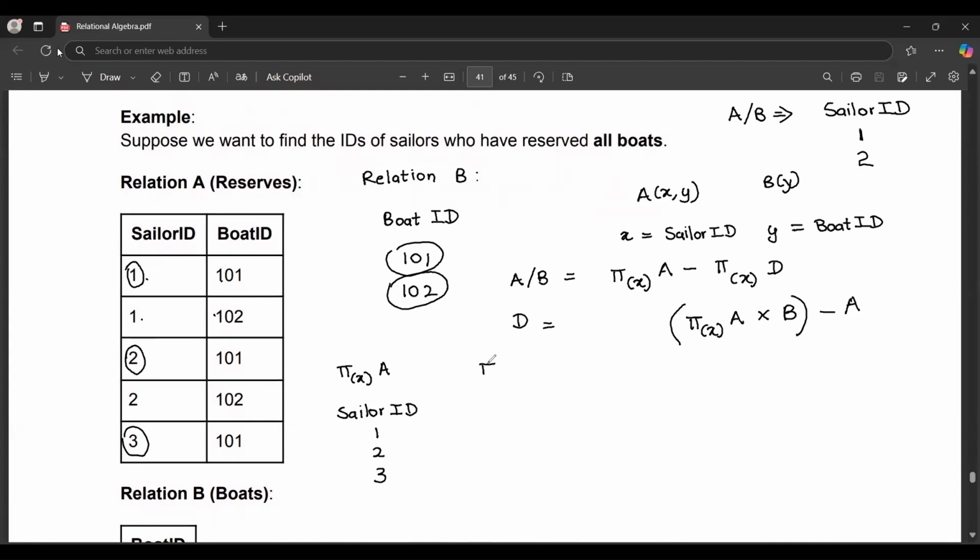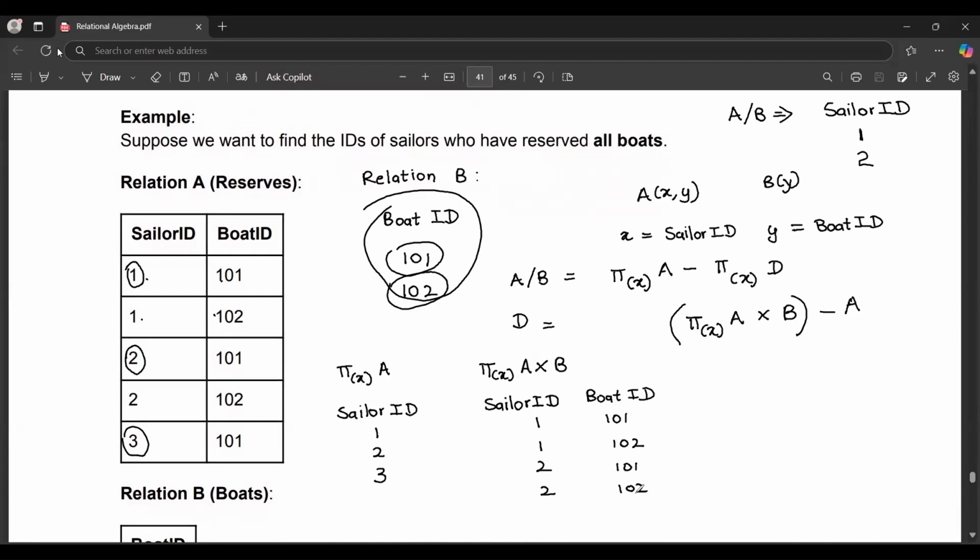Now project x attribute of A multiplied by B will give us Sailor ID and Boat ID: Sailor ID from A and Boat ID from relation B, so 101, 102, 201, 202, 301, 302.